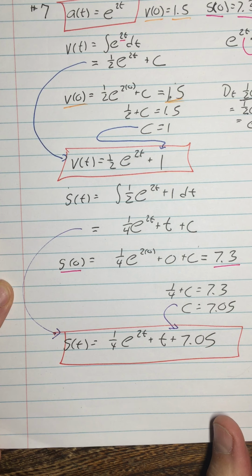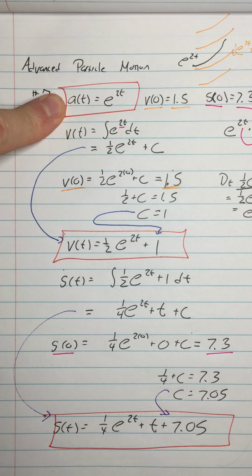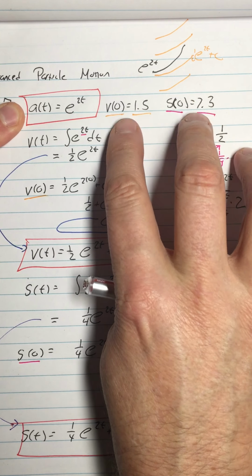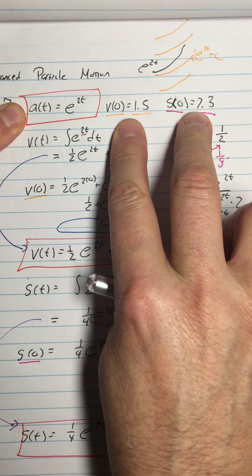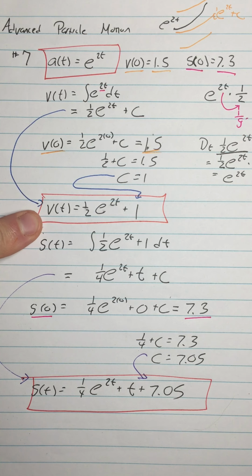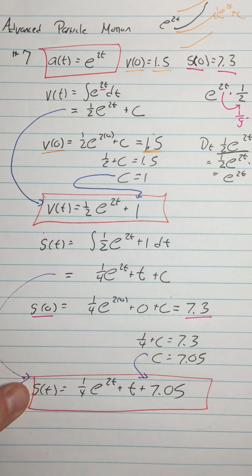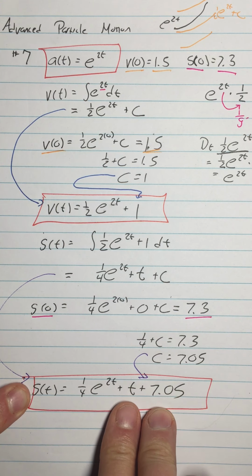What this has allowed me to do is take an equation that just gave acceleration and two particular points of information and construct the velocity function that tells me the velocity at any time t and the position at any time t.